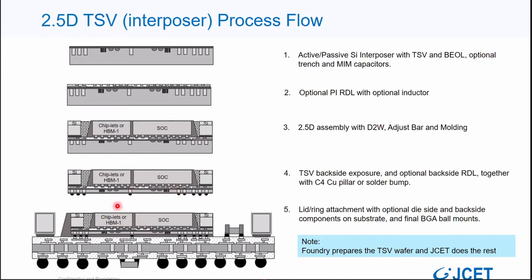Then this fan out or 2.5D die package is flip-chip mounted on the substrate. Finally, it is attached with the downside capacitor or IPD, then placed with the solder ball. So basically, our thinking as an OSAT is that we consider the model where the foundry prepares the TSV wafers and JCET does the rest.